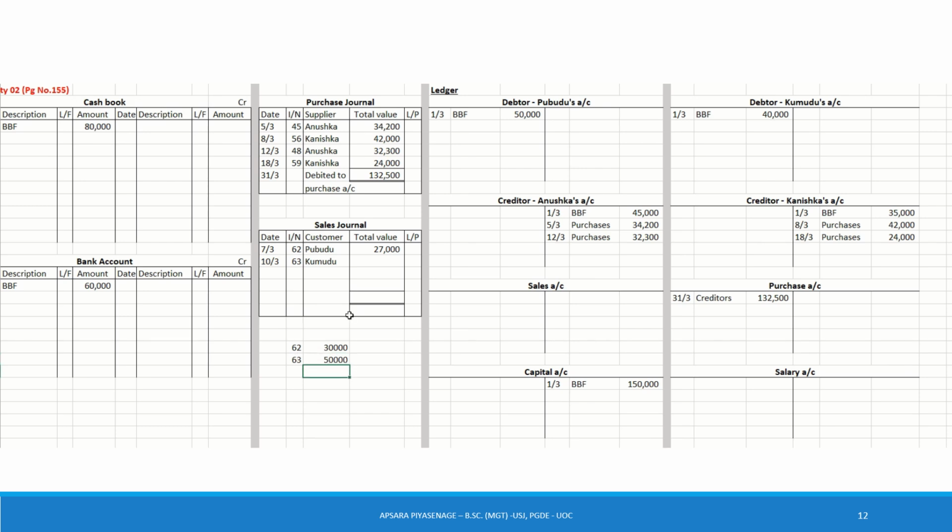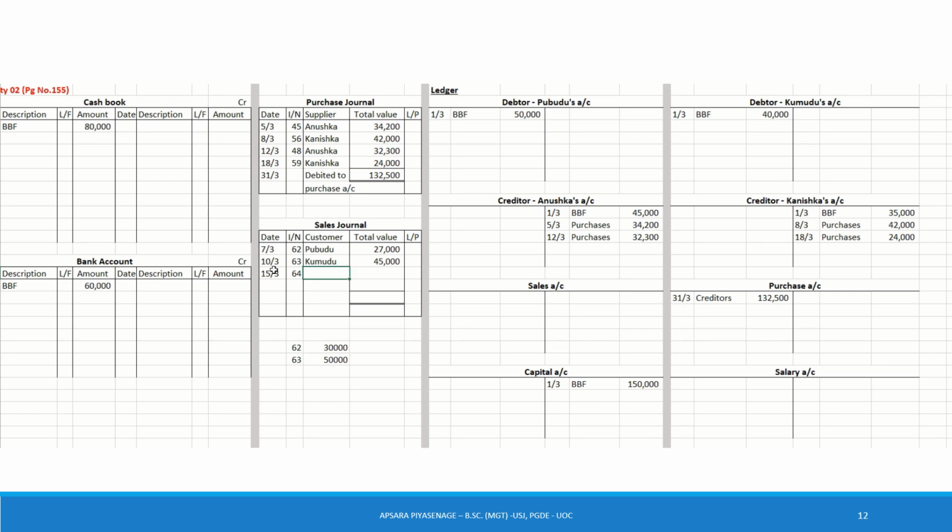So that is 50,000. From this 50,000, we have to deduct 10% discount. That is 45,000. Then on 15th of March, invoice number 64.